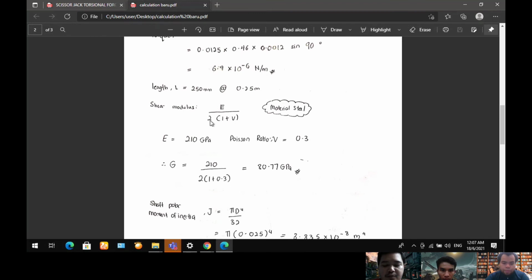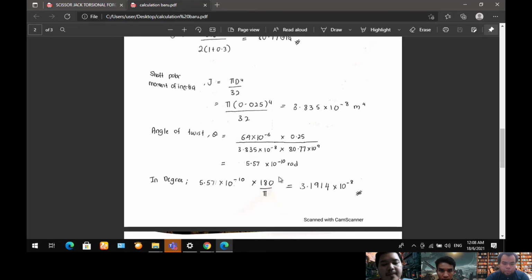The formula for shear modulus is G equals E divided by 2 bracket 1 plus V. E is 210 gigapascal and the Poisson ratio is 0.3. We insert the values into the shear modulus formula and we get 80.76 times 10 to the power of 9 Pascal.